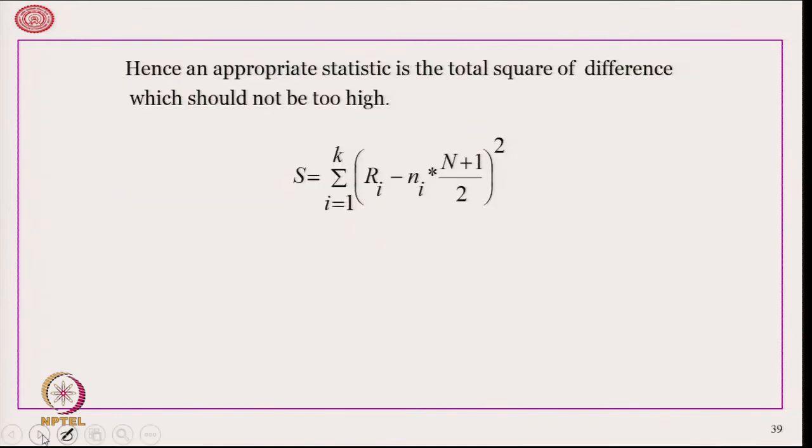Therefore, an appropriate statistic is how much the expected sum of rank is different from the obtained sum of rank. So, we are taking the sum of the square of the differences for i equal to 1 to k. That is in some sense giving us the idea of how much it is varying from equality of distribution.